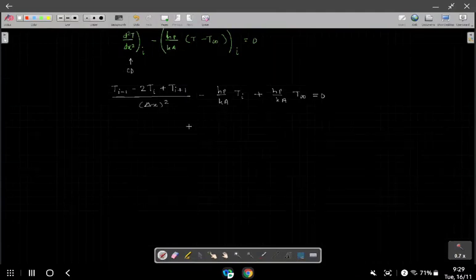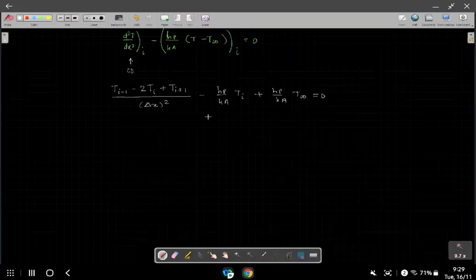Now if you arrange this, we can arrange this into known and unknown, and we can combine similar parameters here.